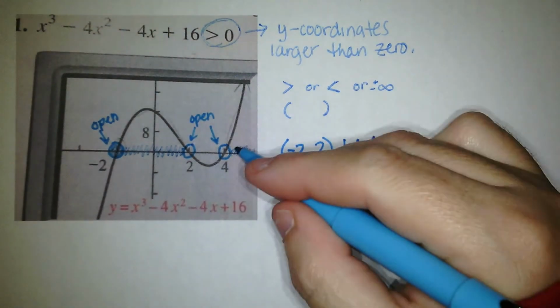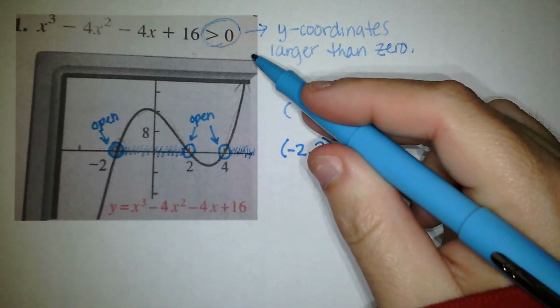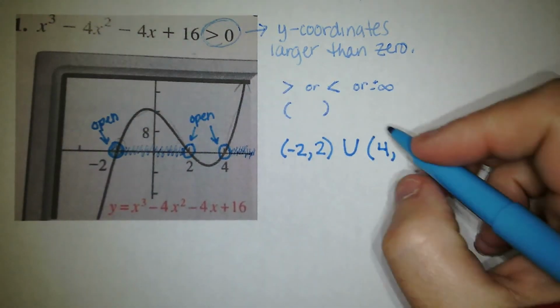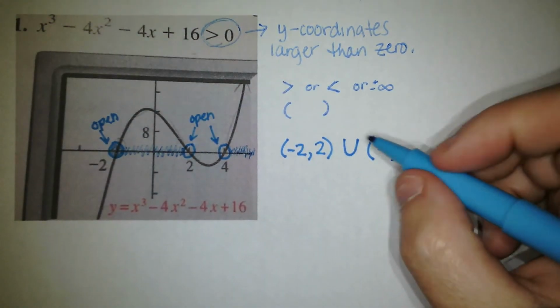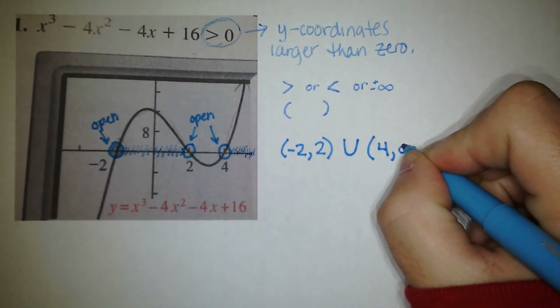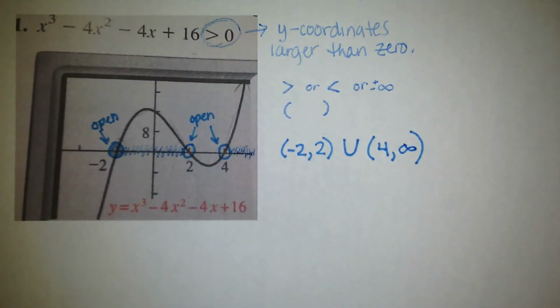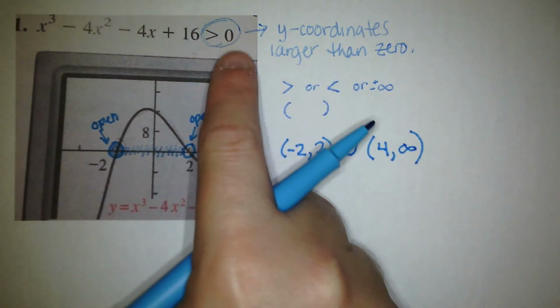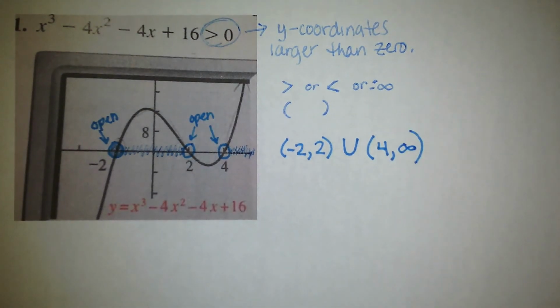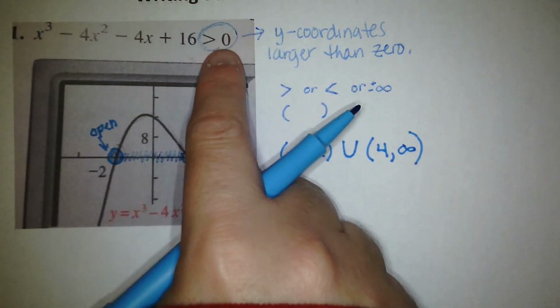And it goes to infinity because this is forever going to go up, which means it's forever going to be above the x-axis, and the y's will always be greater than 0. So as 4 moves on to infinity, that will be a solution. So again, parentheses because it's a greater than, parentheses because it's an infinity, open circles because there's no equal sign.